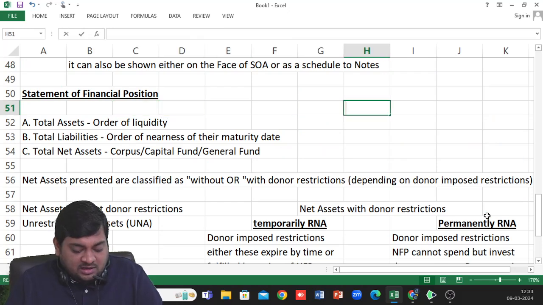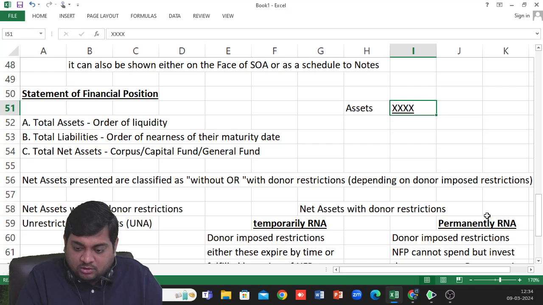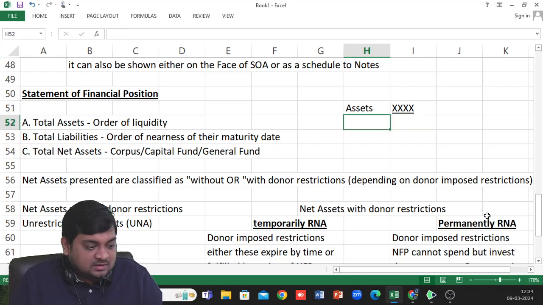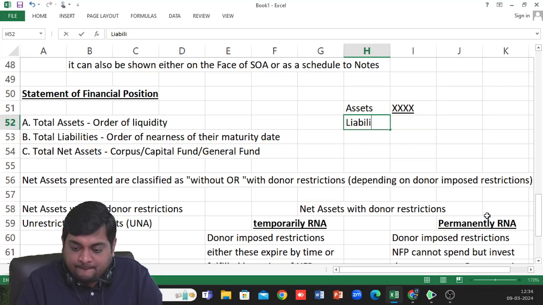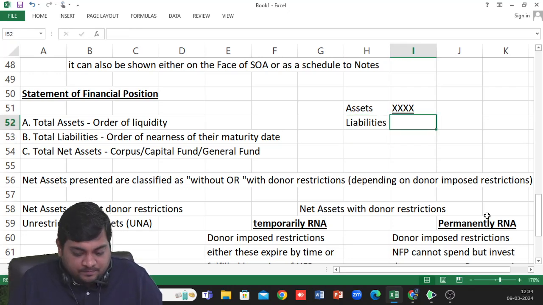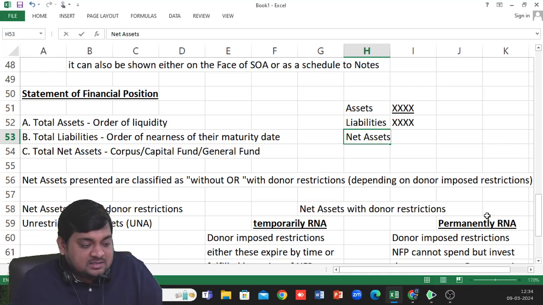We have all the assets, so we get the total of this. Then we have liabilities, and then we have net assets.